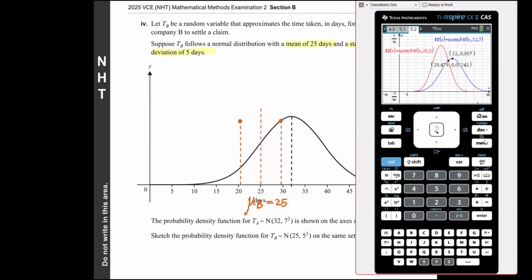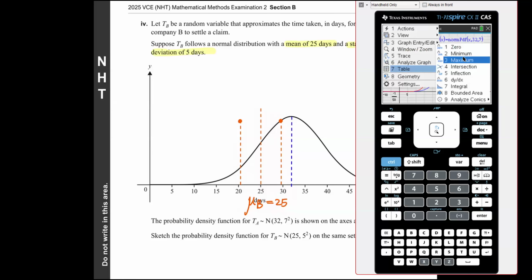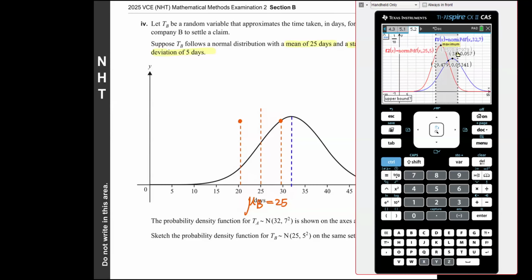And if you want to get a more accurate turning point location, I would say maximum, select the red one, 0.079 something, roughly 0.8. So maybe slightly higher. Okay. The question didn't ask for any labeling of coordinates, but getting these coordinates would definitely help you to get a more accurate shape.